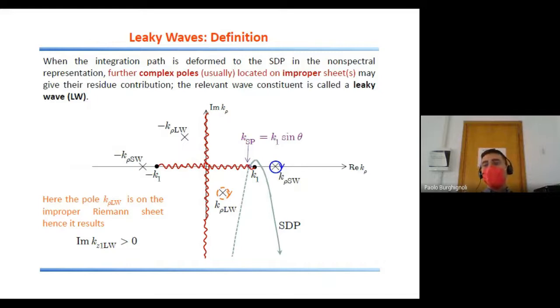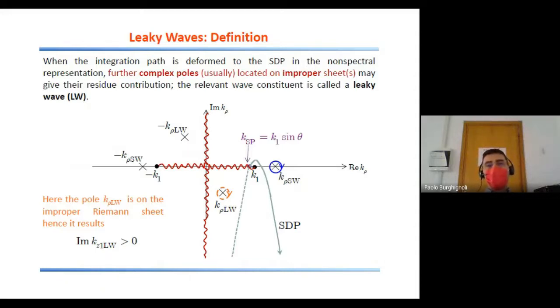And if you cross those poles when deforming the integration path, you must take into account the contribution that arises because of the residue theorem. So you have an additional wave species that is called a leaky wave, for reasons that will be clear in a moment.